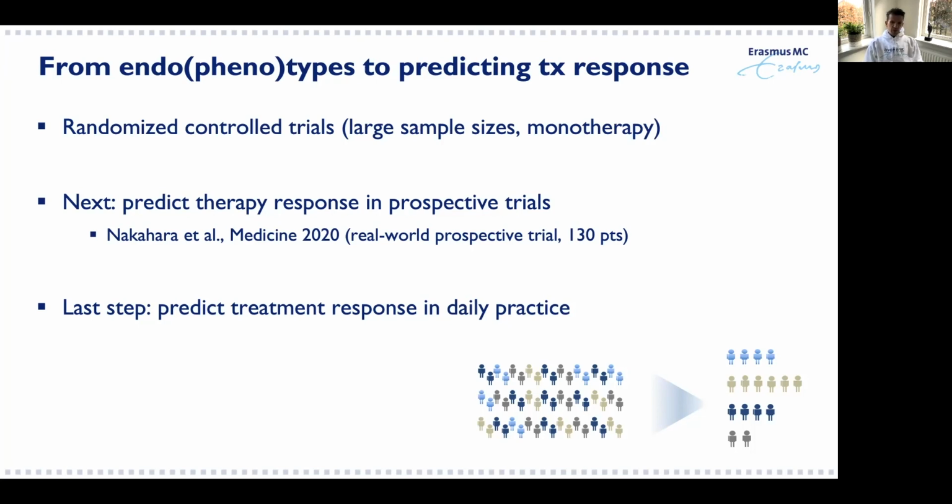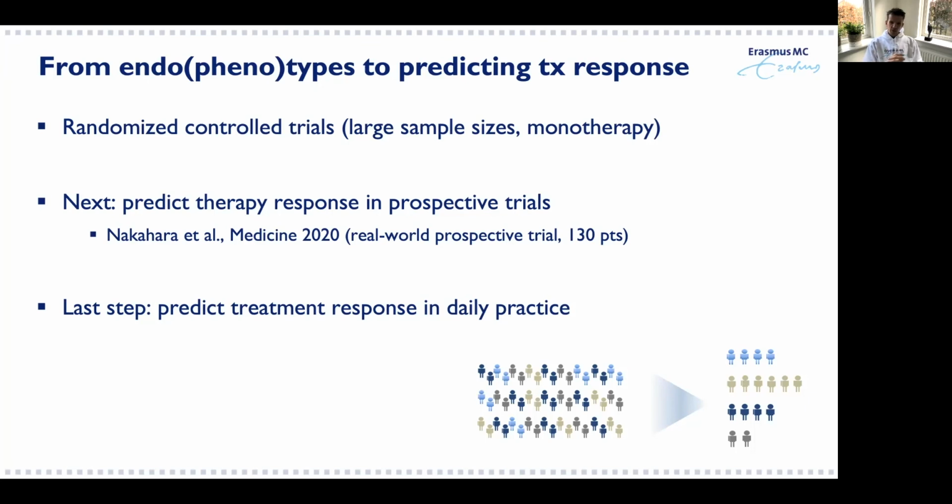Next best is to do it in daily practice, prospective clinical trials. There's an interesting study going on in Japan in which they were treating patients with dupilumab in a prospective trial, and there are some limitations for the patients: there's no overlap from classical systemic immunosuppressants or prednisone to dupilumab.